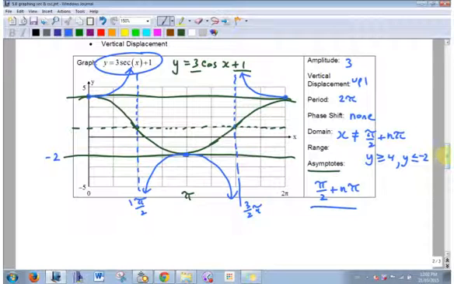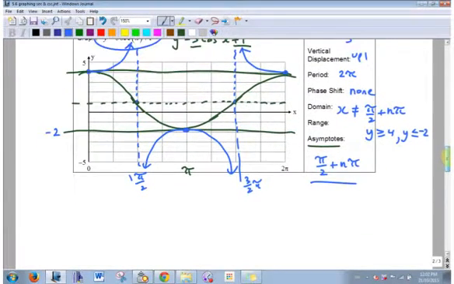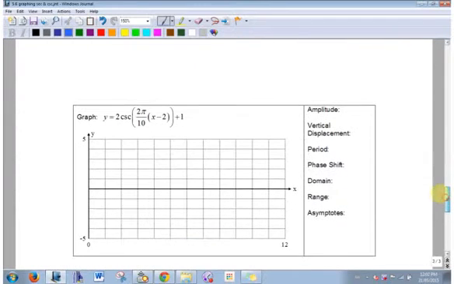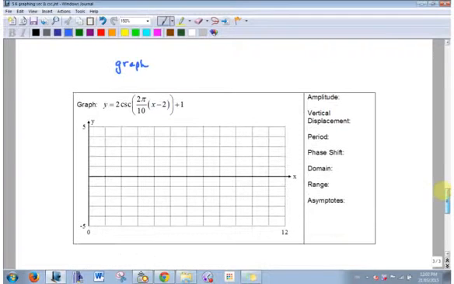One more. Let's give you one with a period that's different than 2 pi and a phase shift. Because this is easier. What's your period here? Yeah, right? We're being nice. So first I want to graph this.